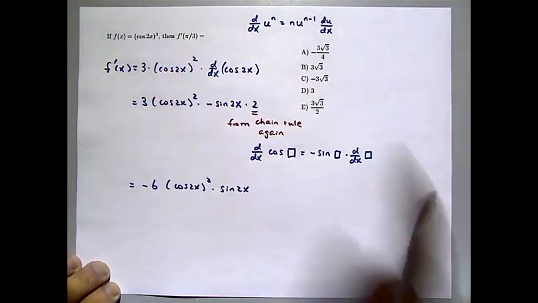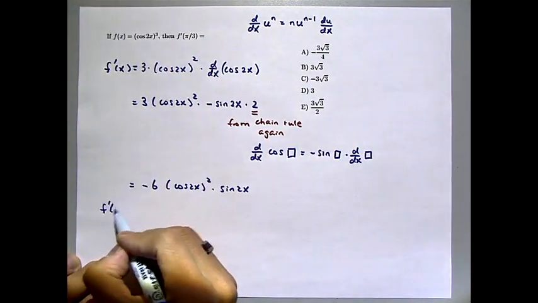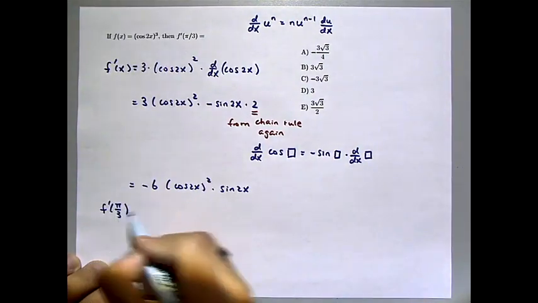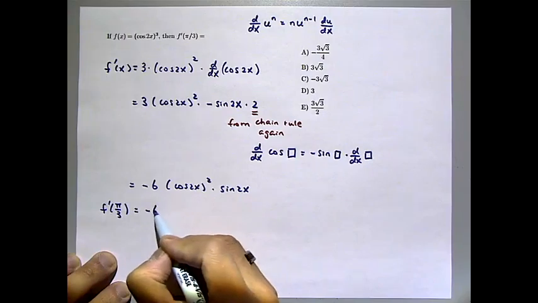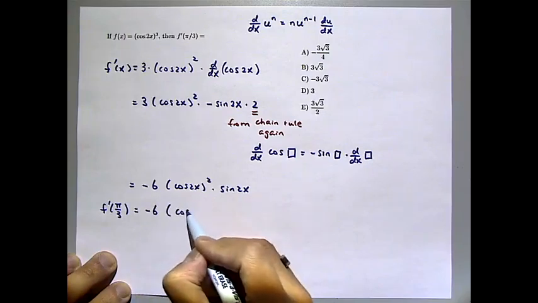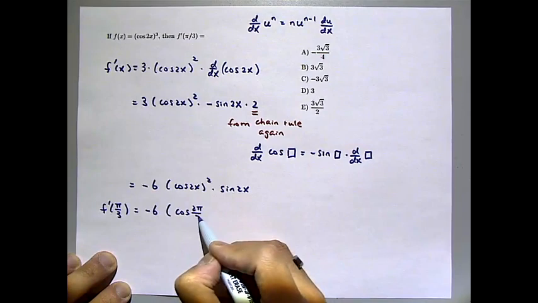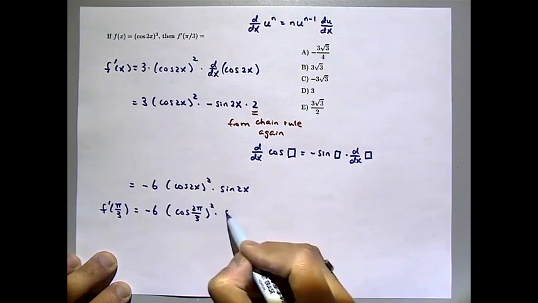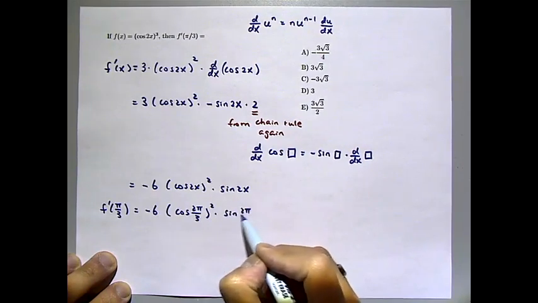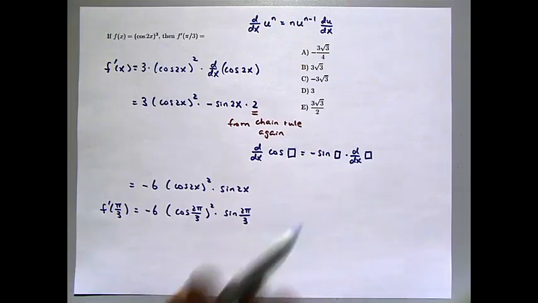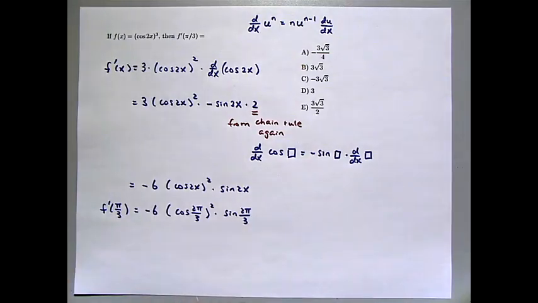Now we deal with the pi over 3. When we put in pi over 3 here, we get cosine of 2 times pi over 3, 2 pi over 3, the whole thing squared, times sine of 2 pi over 3.